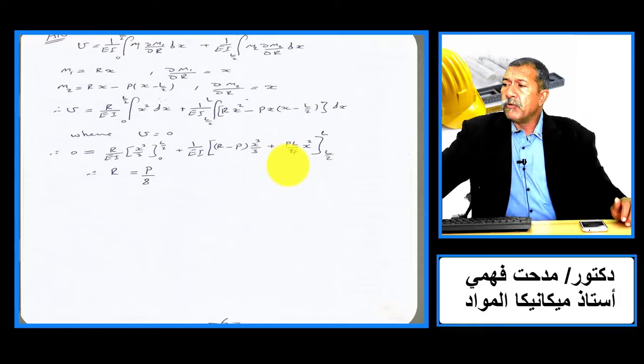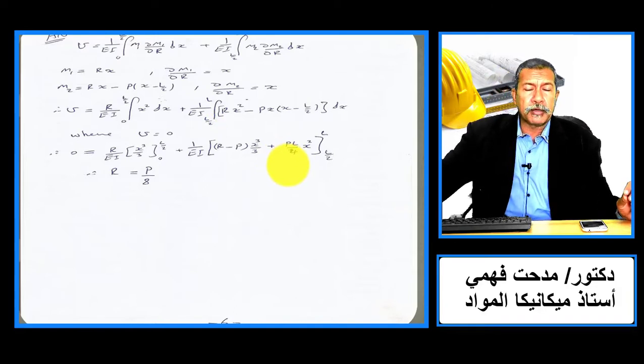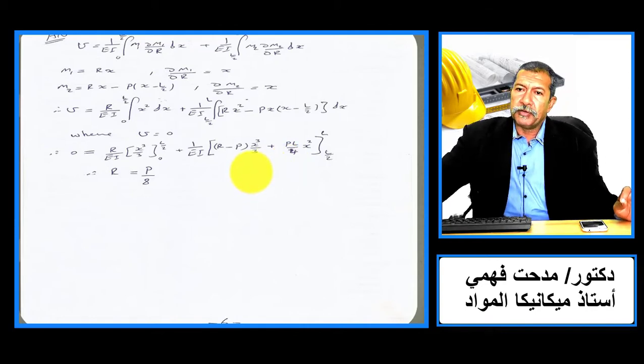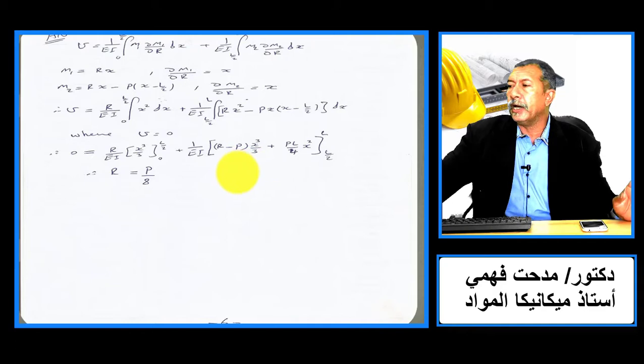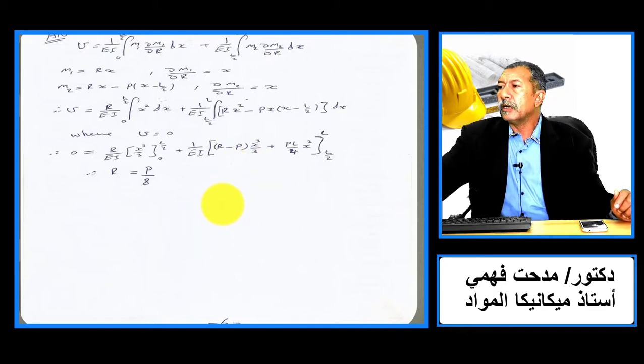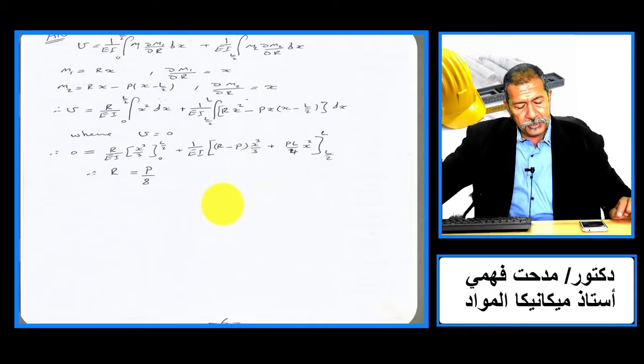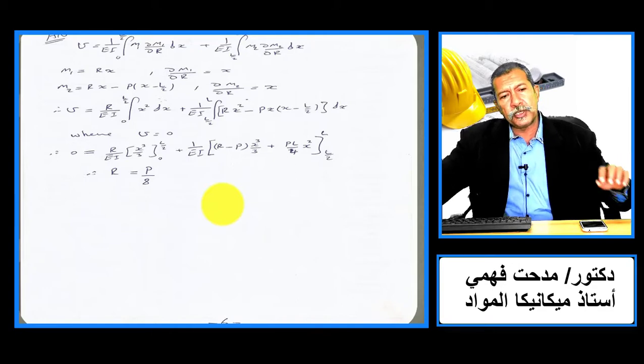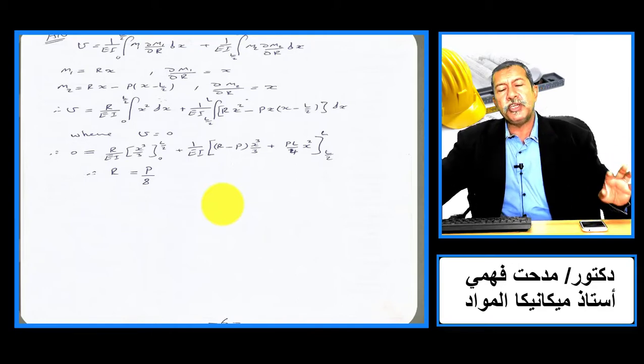لكن here we want the amount of the reaction R, and R here it is a force أو رد فعل يعني للـ forces الموجودة. And where is the reaction in a beam? That means in this point there is no deflection, so V equal to 0.